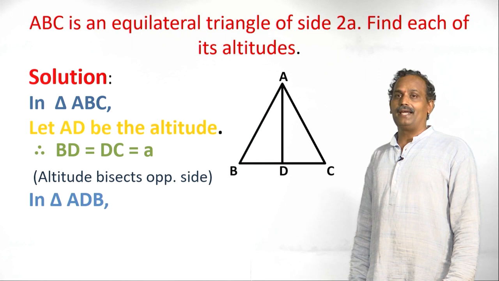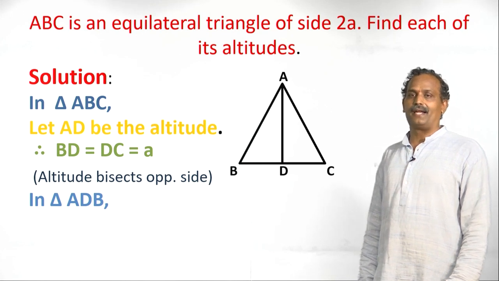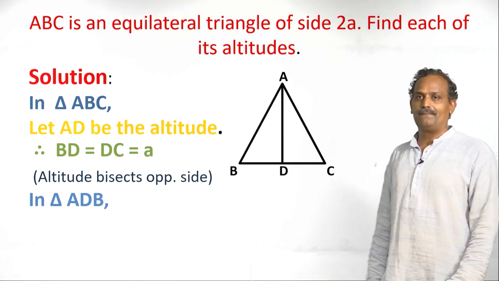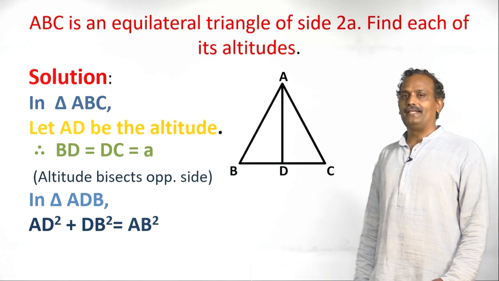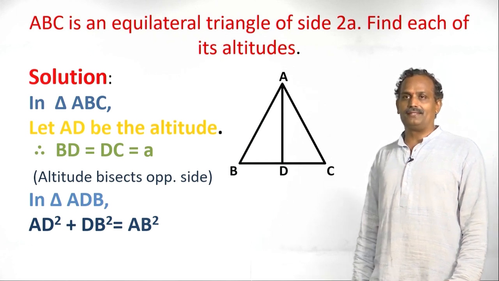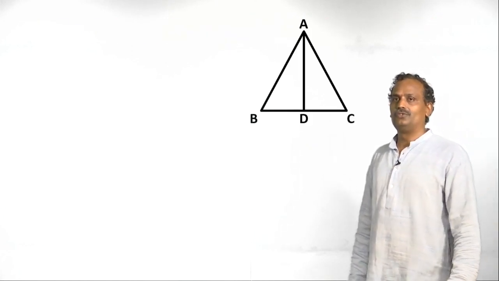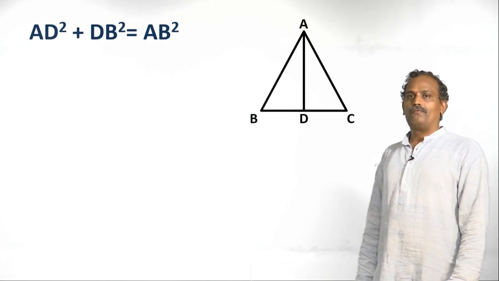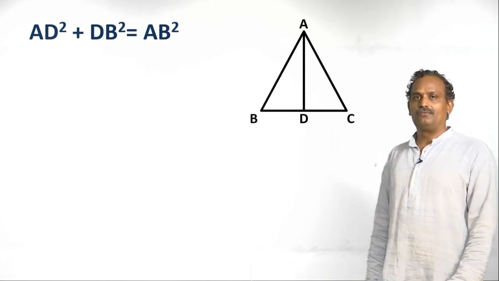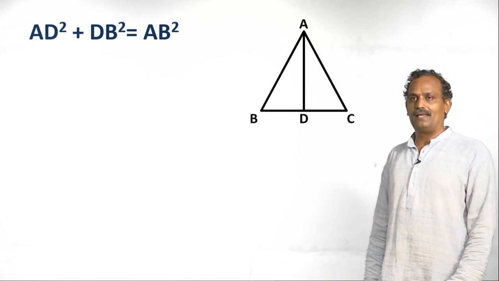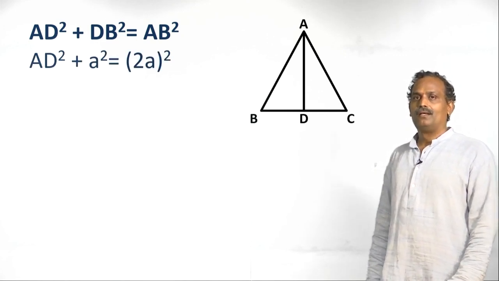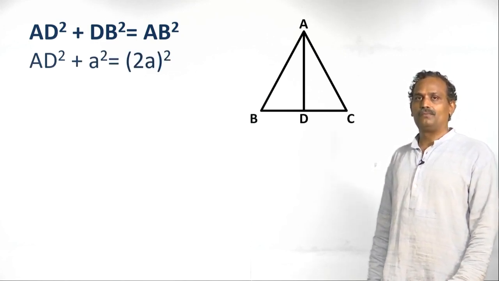Now, consider triangle ADB, a right angled triangle, right angled at D. From the Pythagoras theorem, AD square plus DB square is equal to AB square, as AB is the hypotenuse.